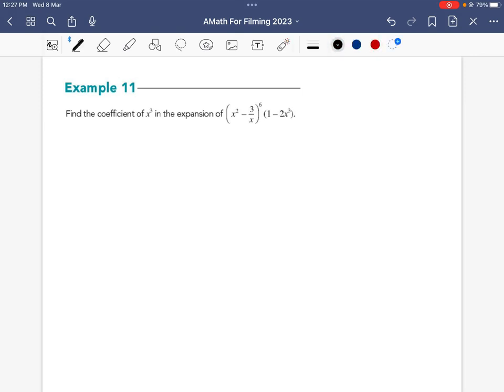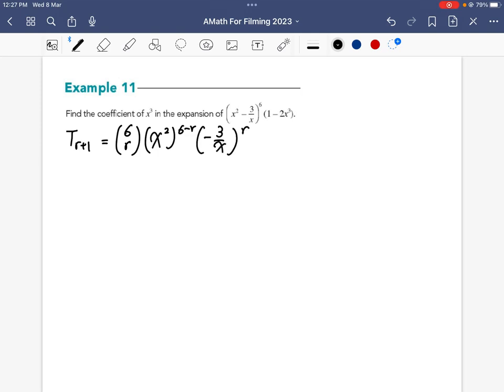So what I'll get here is this. First, I will write out the general term for x squared minus 3 over x to the power 6. We're just working on this term over here. T r plus 1 is equal to 6 choose r, x squared to the power 6 minus r, negative 3 over x to the power of r.